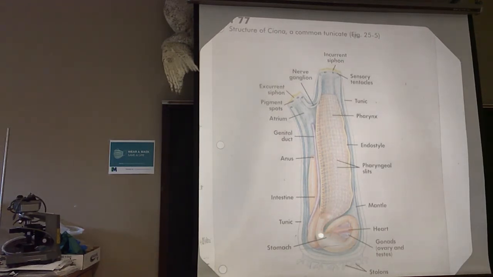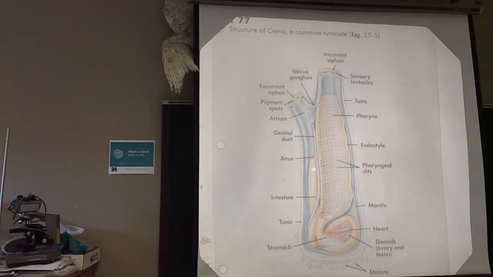There's a heart. They don't show blood vessels, but there are blood vessels. There's a nervous system. They have a little covering called a tunic. They've got a reproductive system, so there's gonads. This holds them down. Here's where the water, after it goes through the filter, goes out.